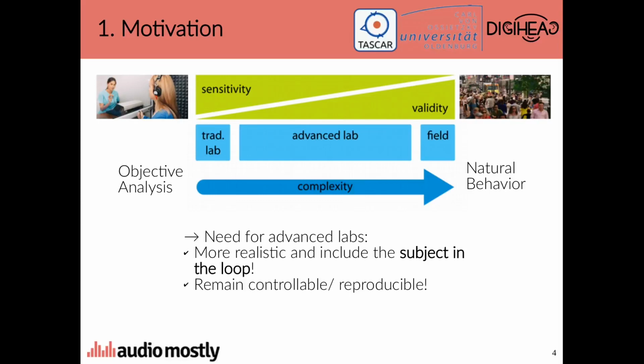but it basically does not give us much control or sensitivity. So the motivation is to create something which we call here an advanced lab, something in between those two extremes. So a lab where we will be able to create more realistic scenarios and also include the subjects, the participants of experiments, in the communication loop.